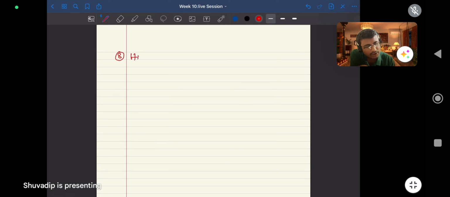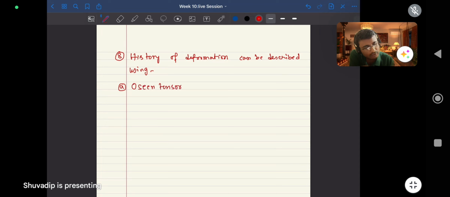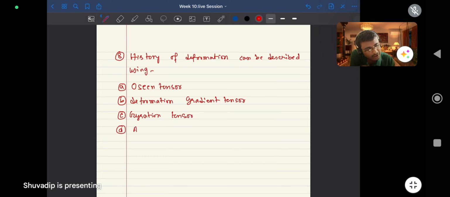The history of deformation can be described using: option A, Oseen tensor; option B, deformation gradient tensor; option C, gyration tensor; option D, asphericity index.